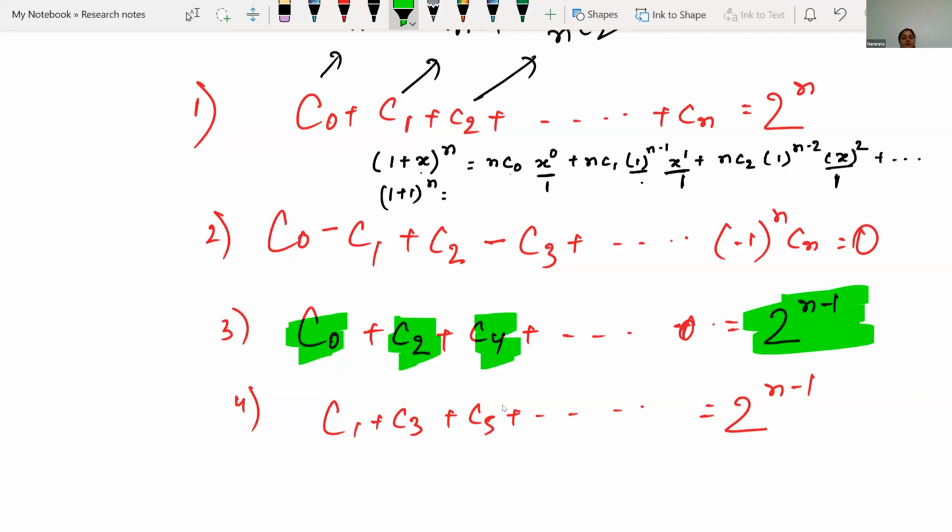Got it? Yes, ma'am. Now, if we subtract property 1 and 2, we will end up getting property number 4. Again, just like the previous one. Once you subtract, all the negative ones get added, and whatever was positive gets cancelled, since you are subtracting it. Okay, and you will be having this expression. Got it?